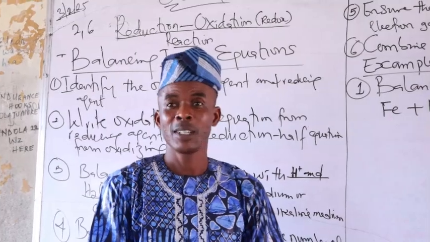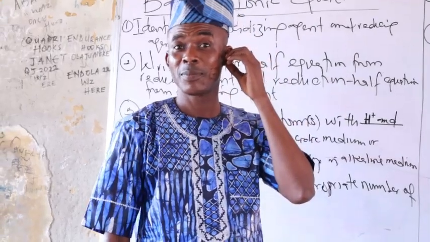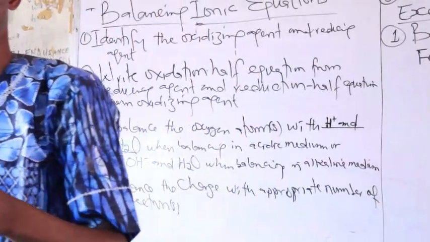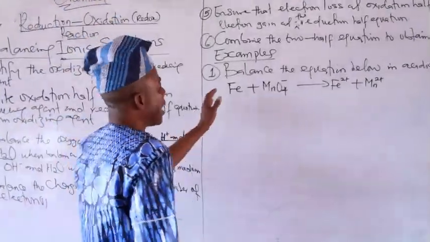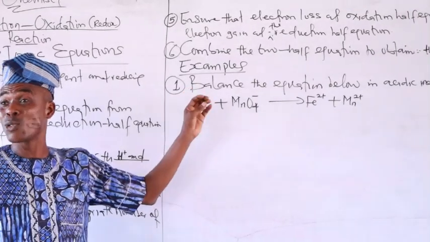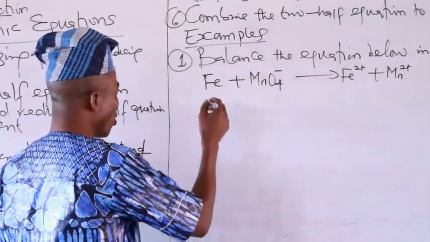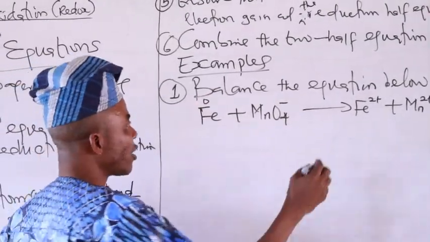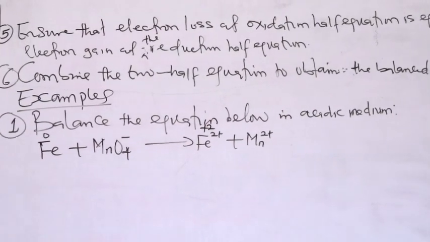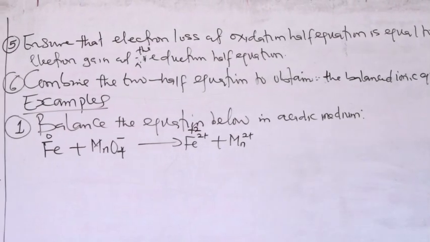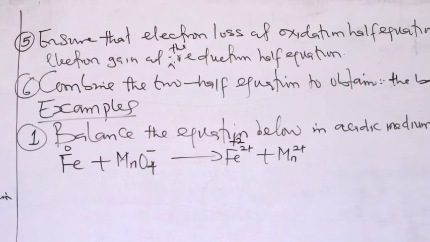Fe. Why is Fe a reducing agent? We said Fe is the reducing agent, and I told you how to identify the reducing agent. Oxidation number of iron here is 0. When there is increase in oxidation number of an element, that element will have lost electron, and it means it is a reducing agent.